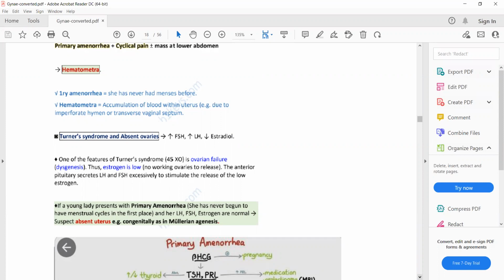In congenital adrenal hyperplasia, the patient is lean, and in PCOS, the patient is obese. And the other difference is that in PCOS, there's a typical lab finding, and that is LH is double that of FSH. The ratio of LH to FSH is 2:1. If the FSH is 10, then the LH will be 20. If FSH is 20, then LH will be 40.